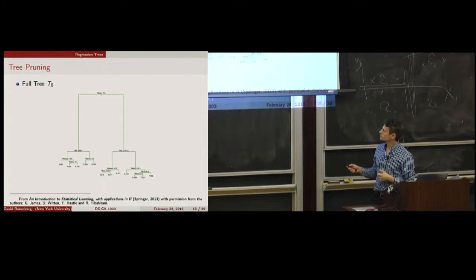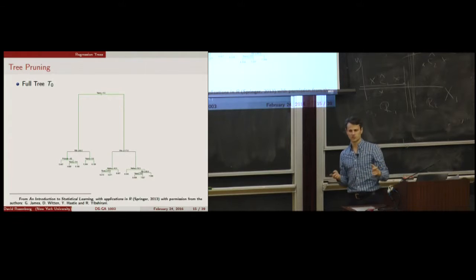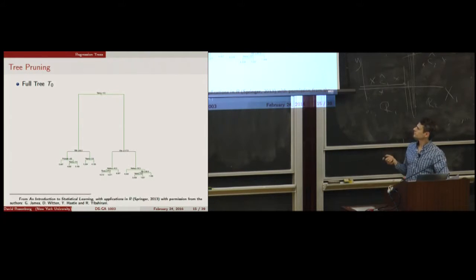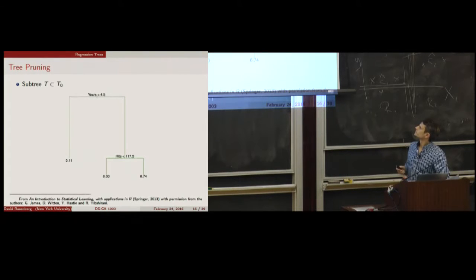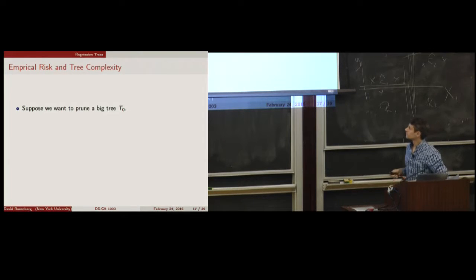So just collapsing decisions and saying, no, I no longer want to split this last time. I'm going to put anything in either of these regions together, and I'm going to make the same prediction for all those things. That's a subtree. So literally, it's like a subset of these splitting internal nodes. Here's a subtree.